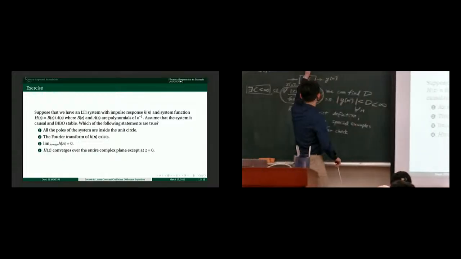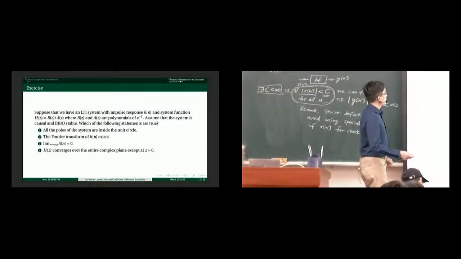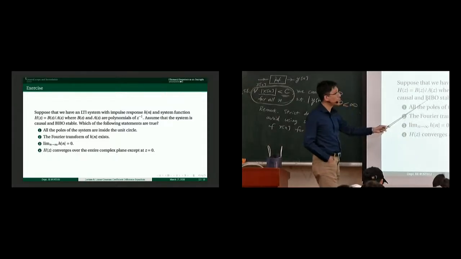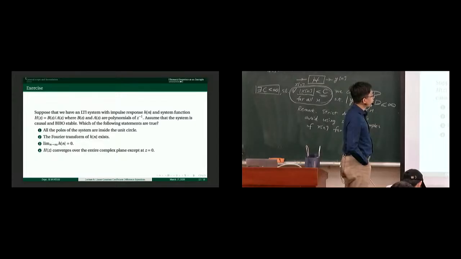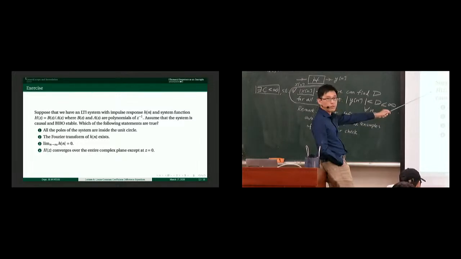Just the standard difference equation way of notation. Now, assume that our system is causal and stable in the BIBO sense. So I need you to work out together which of the following statements are true after this description.